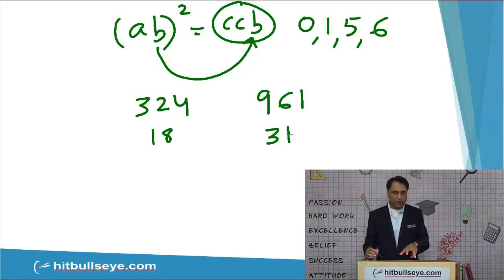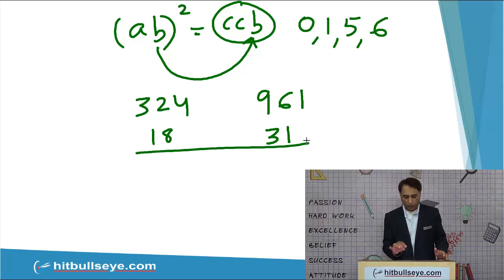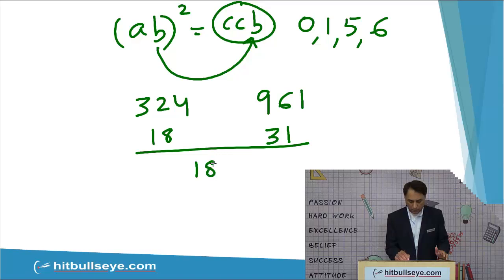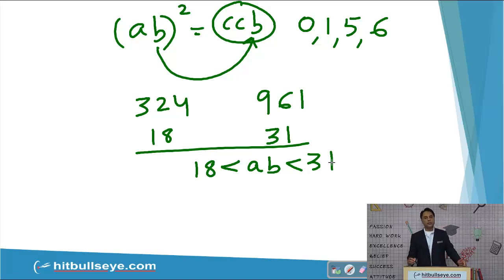So in the given conditions, we understand that AB takes a value between 18 and 31. Why? Because CCB takes a value between 324 and 961. So what we get till now is that AB is a number which is between 18 and 31.